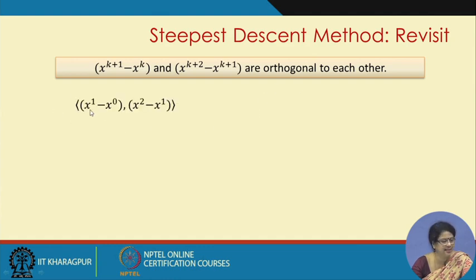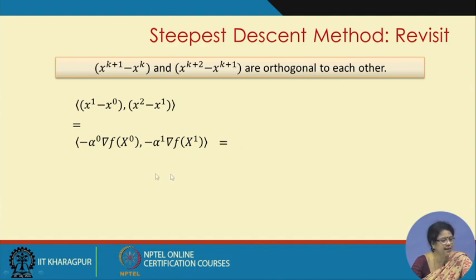If we just take x1 minus x0 and x2 minus x1, these two vectors we are considering, and we know x1 is equal to x0 minus alpha_0 grad f(x) at x equal to x0. That is why we can write it as minus alpha_0 times this, and this difference we can write in this way. All right.